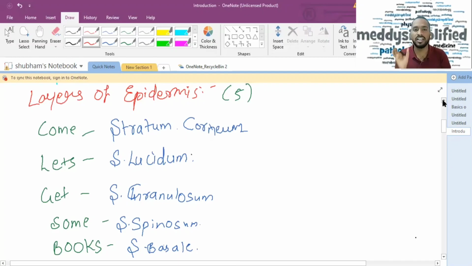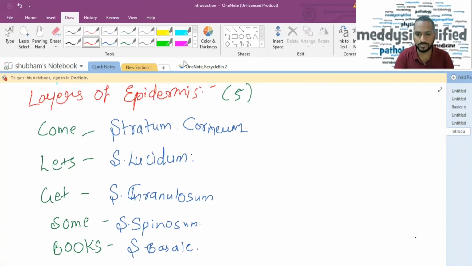So now let's talk about each of the stratum one by one. Starting with the stratum corneum, it is the superficial layer, or the topmost layer, of the epidermis. It has no nucleus.